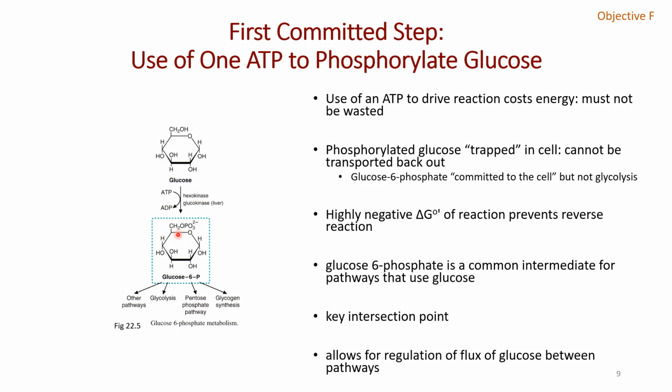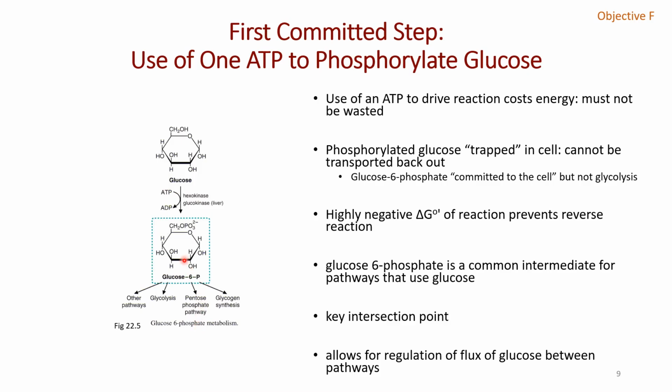But at this point, it's not committed to glycolysis, and that's because there are many things that glucose 6-phosphate can be used for in a cell. Glycolysis isn't the only reaction that would happen here. So glycolysis is one of these, but you could also do the pentose phosphate pathway, which we talked about, ribose 5-phosphate and NADPH.